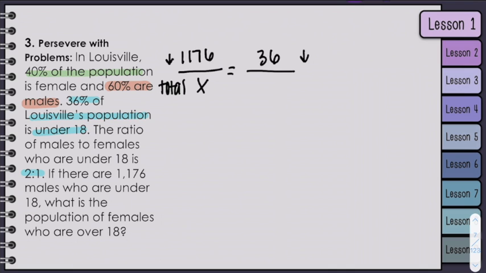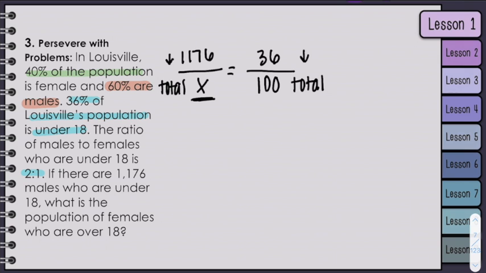So we have 100 out of 100%. So you want to figure out the total number of male and female, so then you can find the difference and figure out the number of females. So this is just one way you can figure out the females who are under 18.